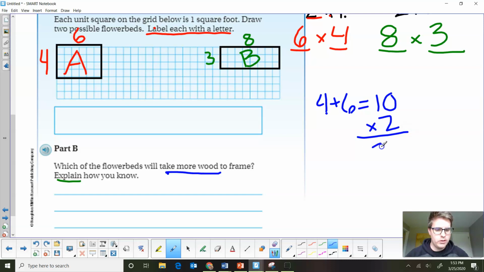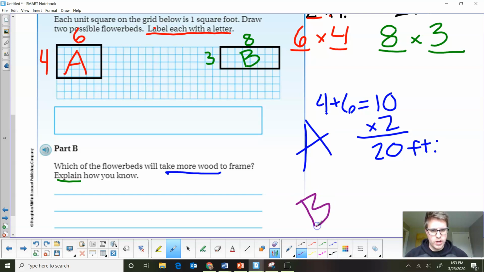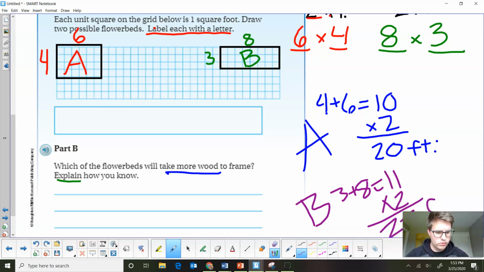So we're looking at 20 feet of wood for shape A. So this is A. And for B, we've got side lengths 3 plus 8, which equals 11. We're going to double that, and we're going to get 22 feet. So which one is bigger? Which one will take more wood? Shape B.